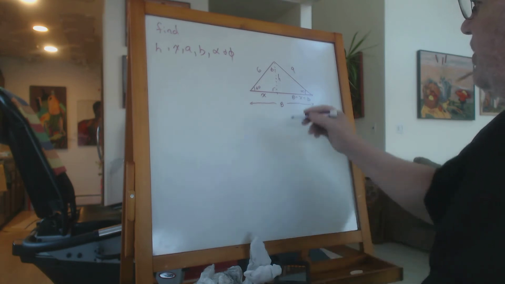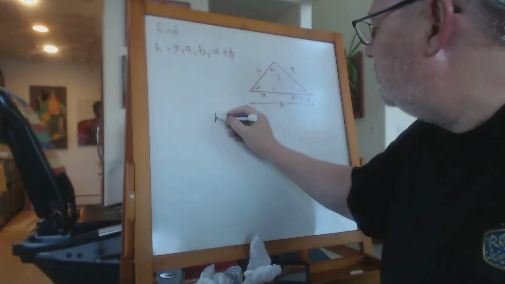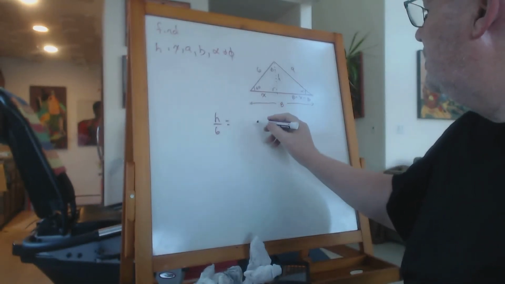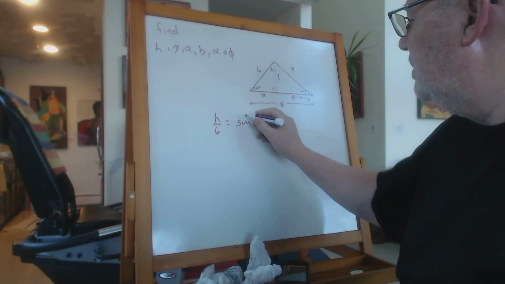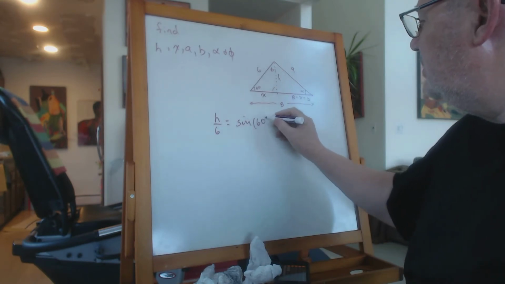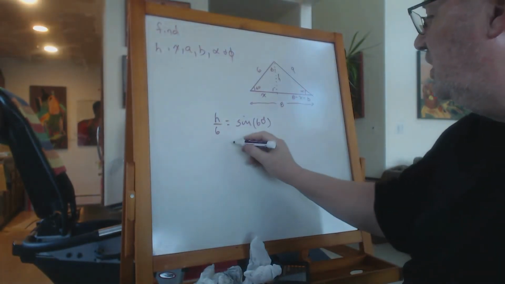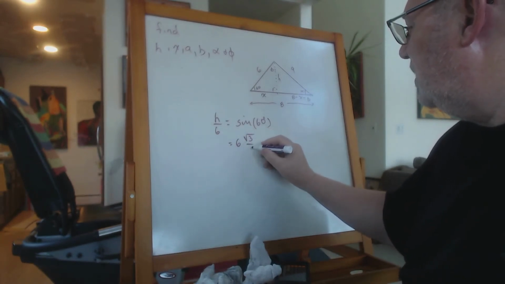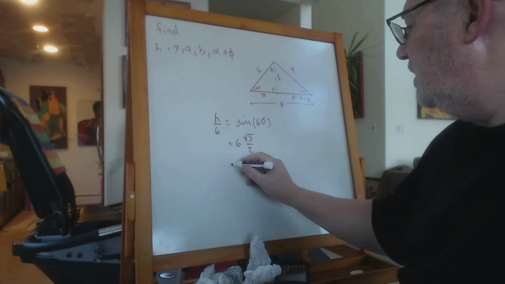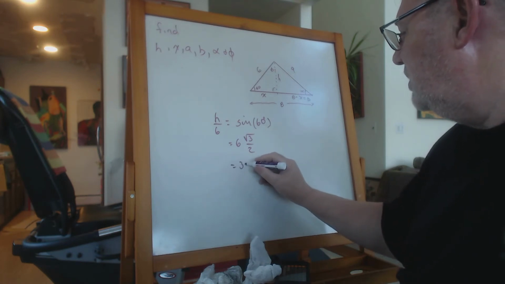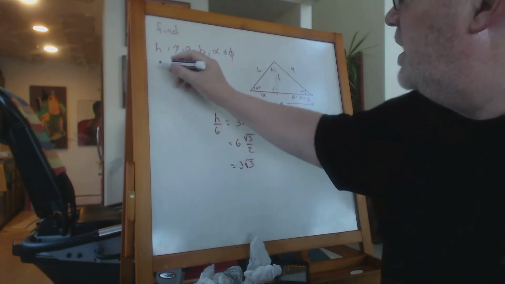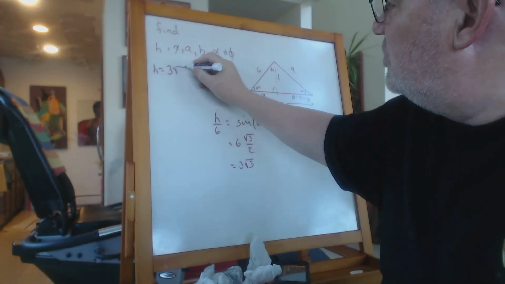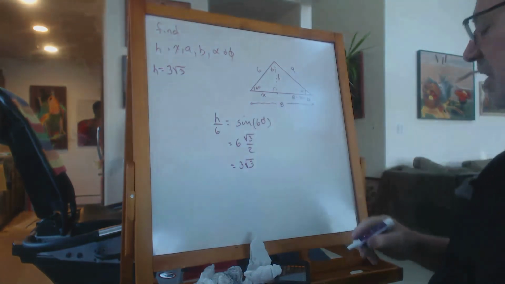And so the first thing we can do is we say h over 6 is equal to the sine of 60 degrees. And that's equal to 6 times the square root of 3 on 2. And that's equal to 3 square root of 3. So we got one already solved. 3 times the square root of 3 is the height.